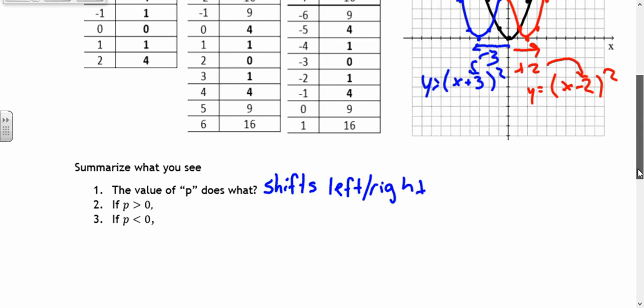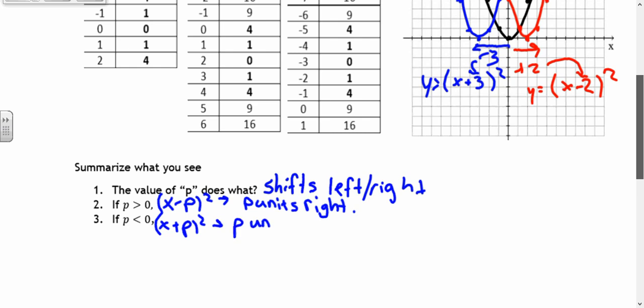If p is greater than 0, so if it's x minus p squared, it'll be p units right. And if it's x plus p squared, it'll be p units left. Okay. Next page.